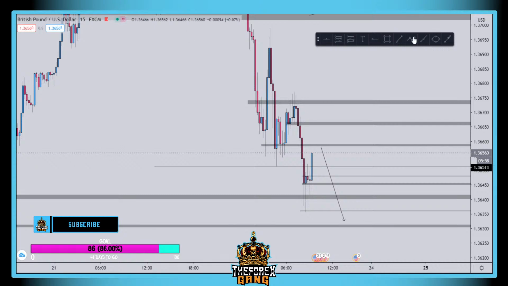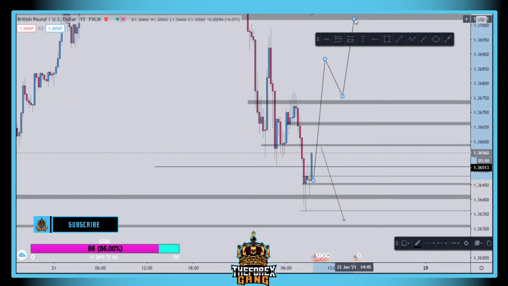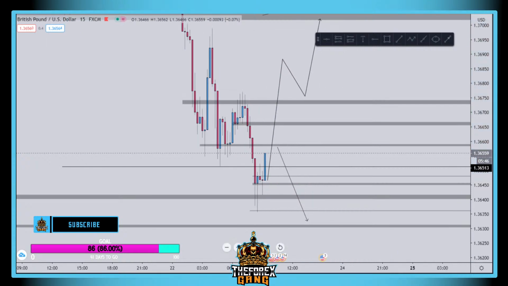But the way I see it, it could go like this. That's what I'm visualizing right now. Otherwise, if it respects this area, then it's coming down.